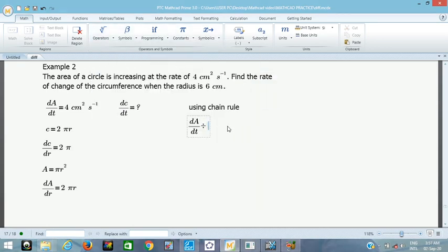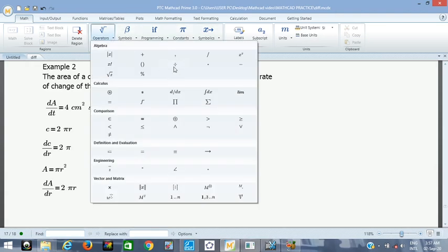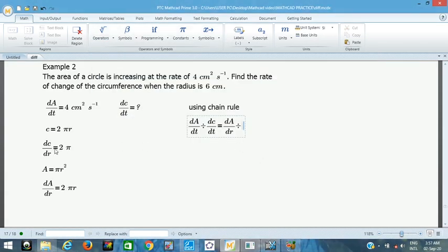If you divide it by this value we are looking for now, which is dC/dt, your result is going to be equal to dA/dr divided by this value we have here, which is dC/dr. So that is it.